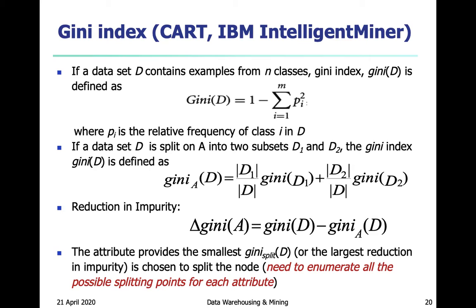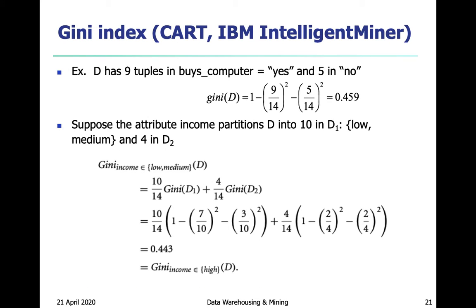Now, just coming to the example. If you consider that example, there are 9 yes and 5 no's.